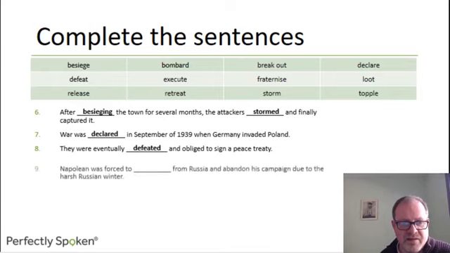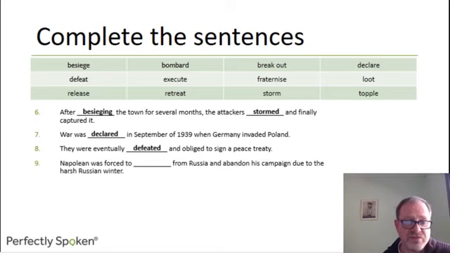And then, number 9. Napoleon was forced to something from Russia and abandoned his campaign due to the harsh Russian winter. So he had to give up and go back. So he was forced to retreat. To retreat is to go back in the opposite direction, as opposed to advance.